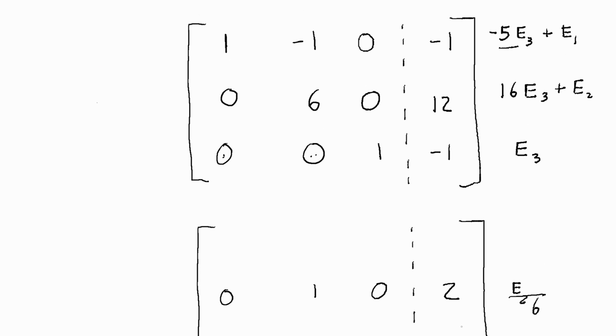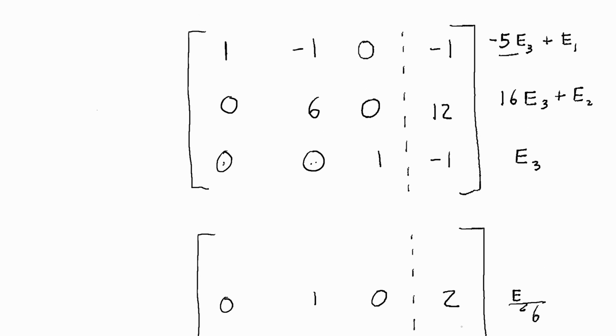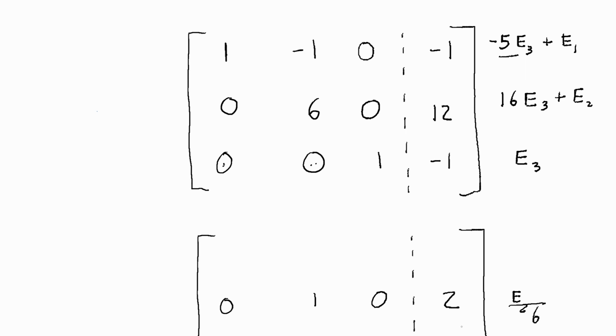But now the first equation here. Oh, I'm going to break a little rule here of my own. I guess I won't. I'm going to do the following. I'm going to turn this into a 0.